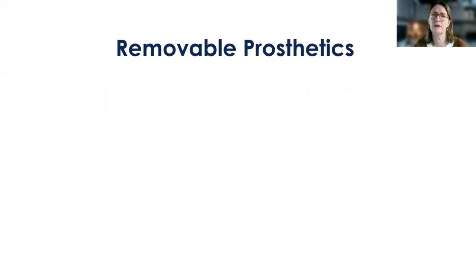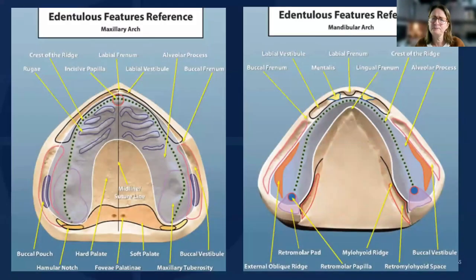So let's finish off here with some removable prosthetics. Again, I mentioned earlier that the anatomy that you would be required to capture with an analog impression does not change for a digital impression. So the retromolar pad, the maxillary tuberosity, the hamular notch, the buccal vestibular muscles all need to be captured with a digital impression as well.